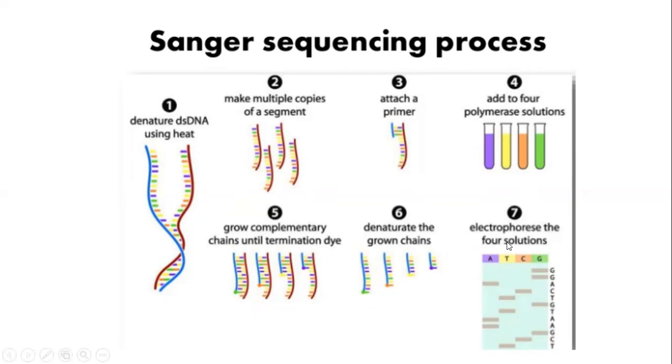At the end, you run your fragments on the gel, 4 different reactions in 4 different lanes. Obviously, all the fragments generated here are because of dideoxy adenine. All fragments present in this lane are because of dideoxy thymine, and so on. What you basically need to do is, just based on the position of the band, you will know the sequence.